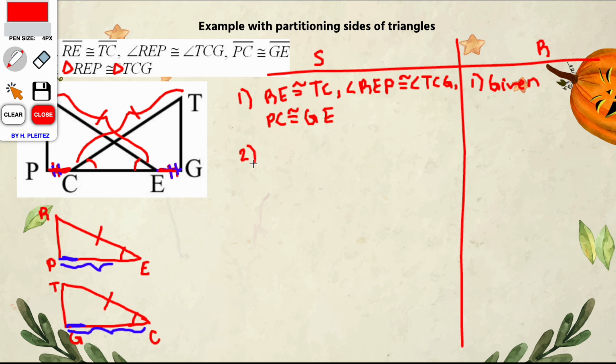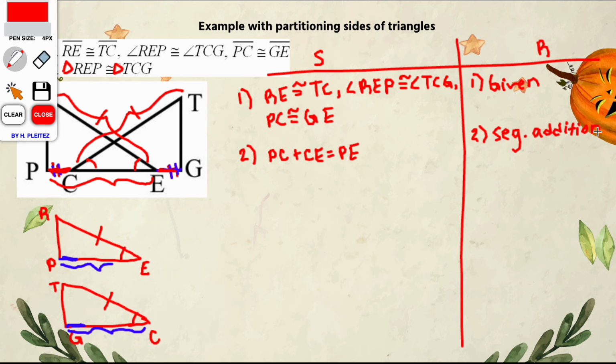So we have information about PC. We have information about this small piece here, and we need to somehow make a conclusion about PE. I'm using addition, right? I have to add on to that small given piece. So let's do that. So I'm just going to get on with it. So we have PC plus CE is equal to PE, right? And again, that is segment addition.